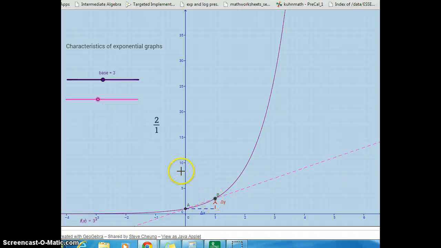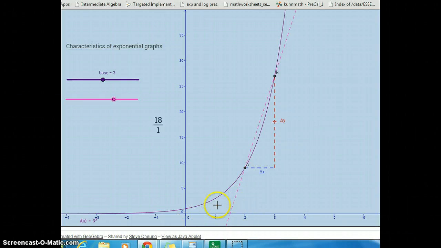Between 0 and 1, let's say that the rate of change is 2. This is the first rate of change at the beginning, so it could be any number. If I rewrite this equation, it probably would be different. But let's see how the next one is going to be. Between 1 and 2, it went from 2 to 6. So guess what the next rate of change between 2 and 3 would be? 18.